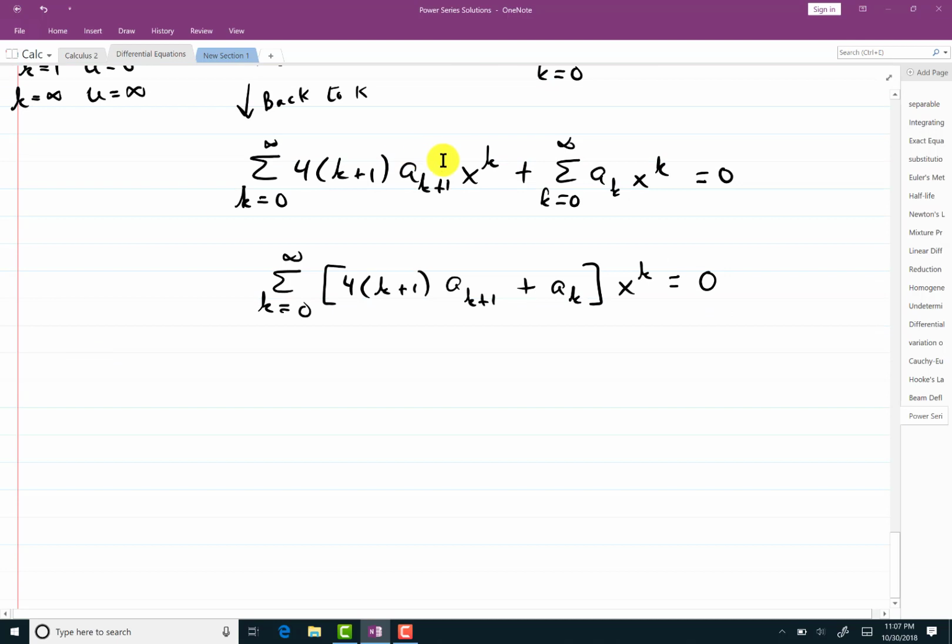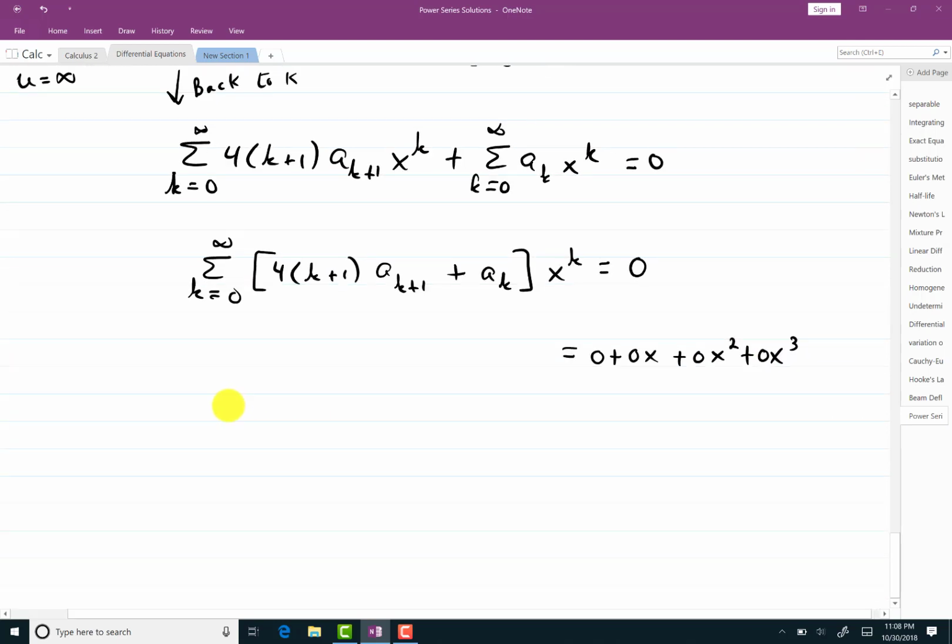And now this, believe it or not, will lead to our series solutions, this stuff right here. If I were to write this out, I would have a bunch of stuff times x to the 0, then a bunch of stuff times x to the 1, then a bunch of stuff times x to the 2. Well, 0 is no different than 0 plus 0x plus 0x squared plus 0x cubed forever.